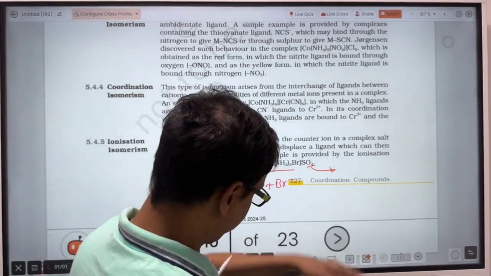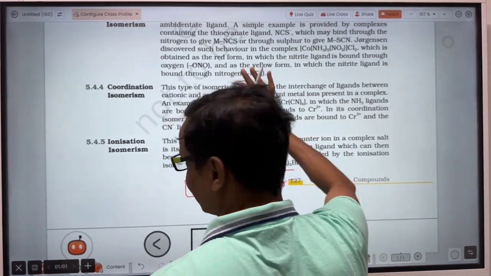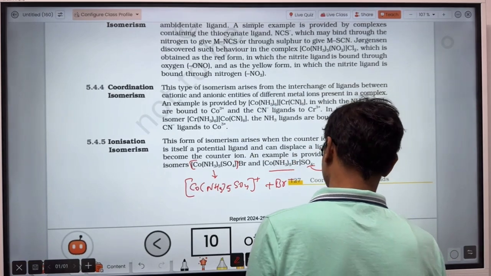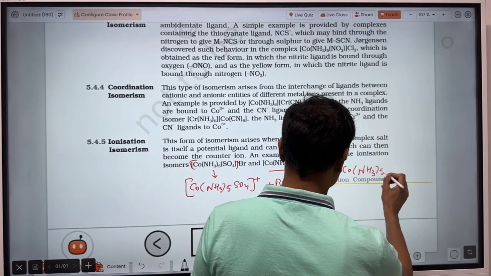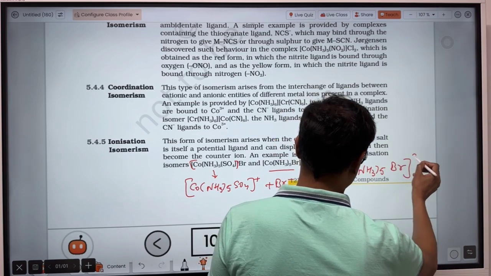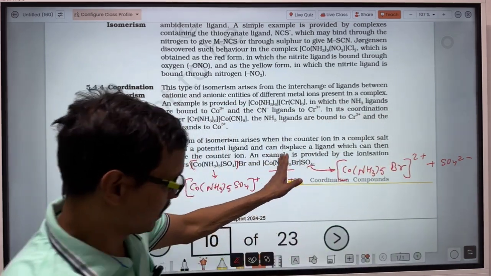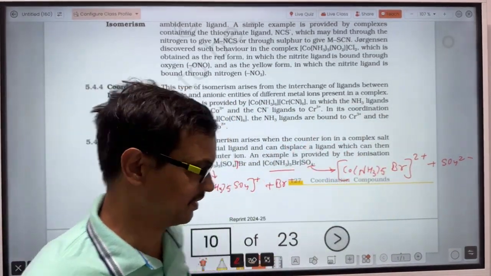Only the ionic bond dissociates. So on dissociation in water, what ions will it give? This compound will give the test for sulfate, but not for the bromide.